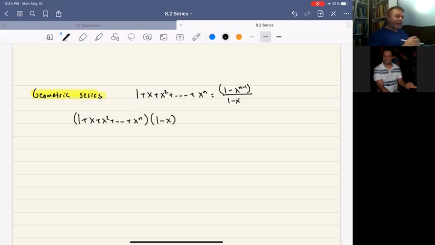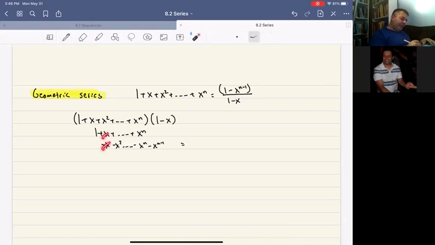when you do this multiplication by 1, it's going to give you all of this again. When you multiply by negative x, you get a negative x here, negative x squared, x to the n minus x to the n minus 1.